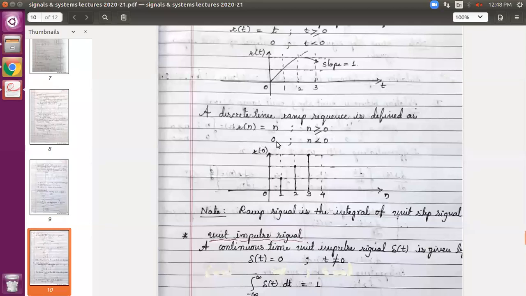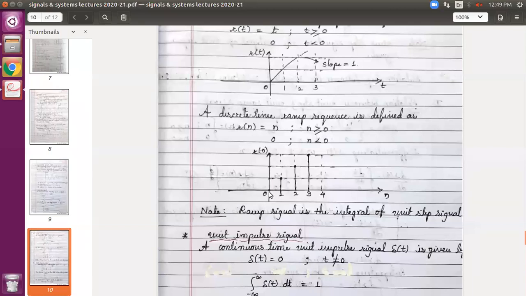You can observe here, for n less than 0, that is negative values, we don't have any amplitude of the signal. There is no amplitude on the left side. But as n proceeds towards the right from 0, that is n greater than or equal to 0, the value is equal to n in general.